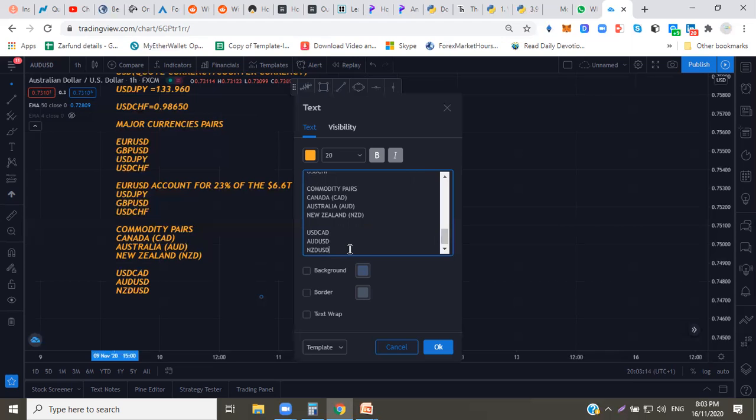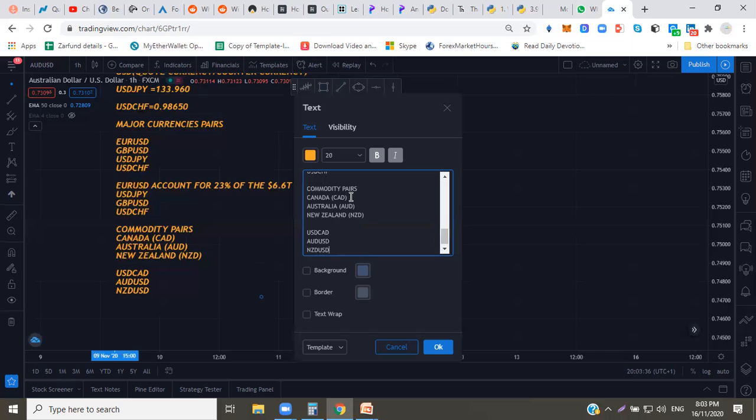So these are major currency pairs also, but they are called commodity pairs because the economies of these countries are tied very much to the commodity industry. For example, what commodities do you find in Canada? Oil. Oil is the commodity of Canada.